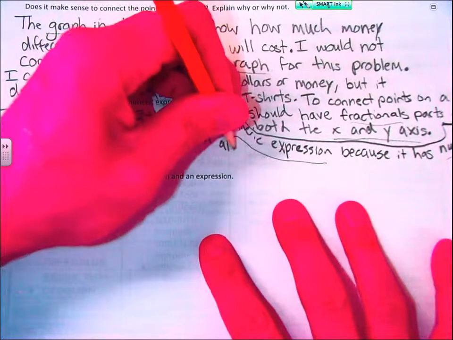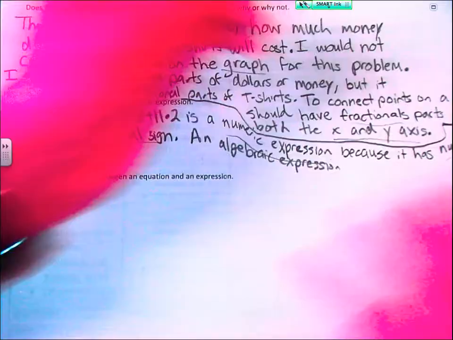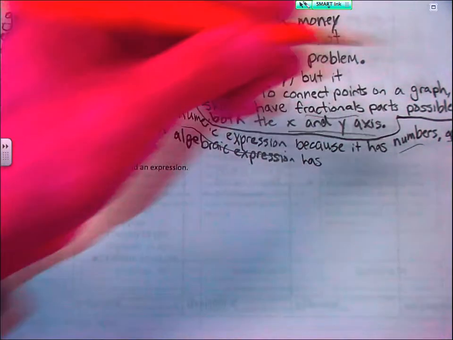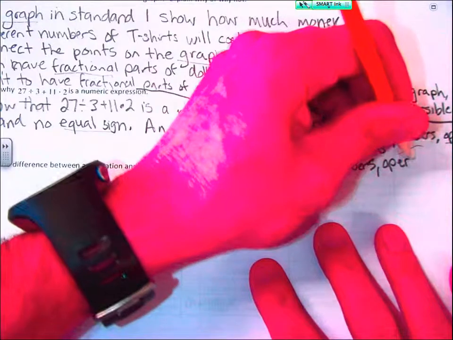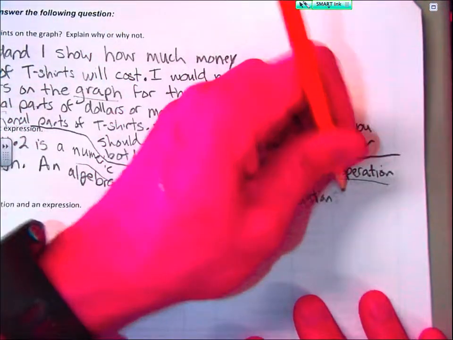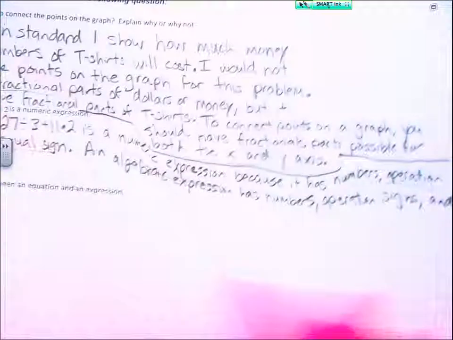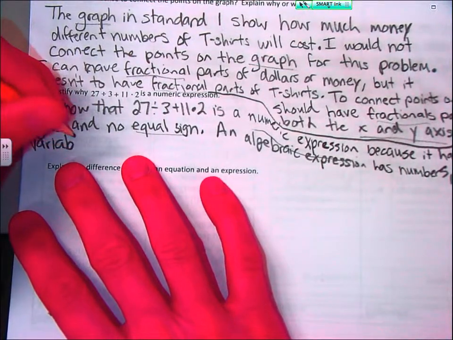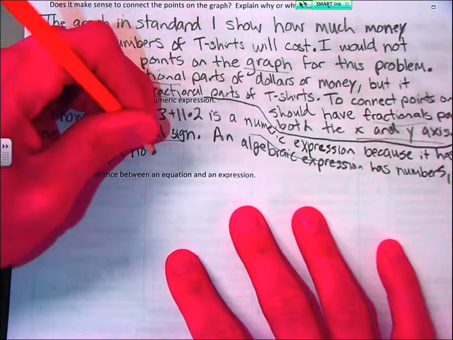An algebraic expression has numbers, operation signs, variables, and no equal sign.